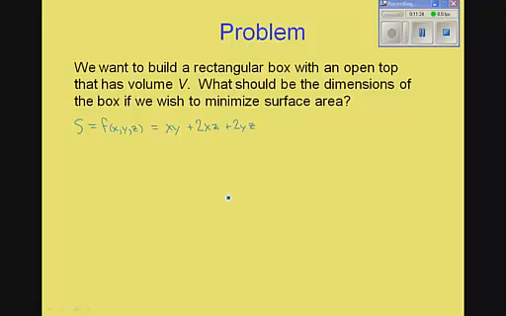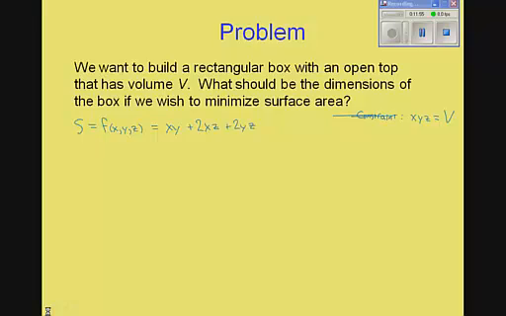G is the function that you typically use for your constraint. So what was my constraint? Well, the constraint was the volume. So what was the equation? xyz has to be V, right? Well, when you do these problems, you want to make sure that your constraint is set equal to 0.